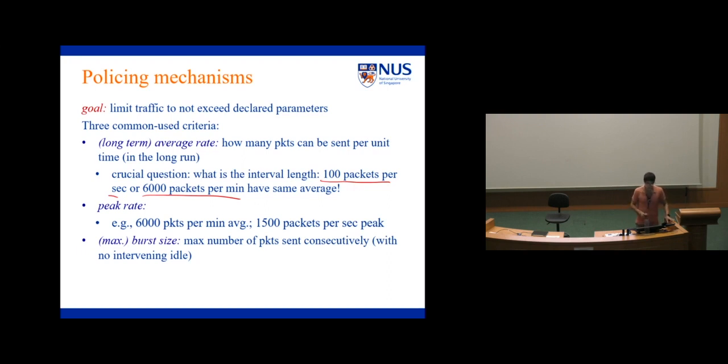So in fact, we might want to regulate both the average rate, the long-term average rate, and the peak rate. Because if some applications take up all the peak rate, let's say they are sending burst packets into the link, then my other application, which requires steady throughput, such as voice over IP, might get affected. So I want to regulate both the average rate and the burst rate.